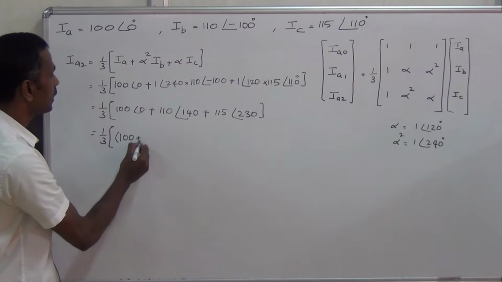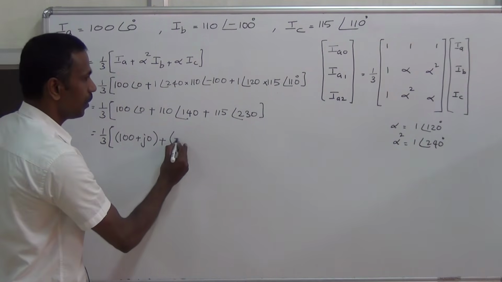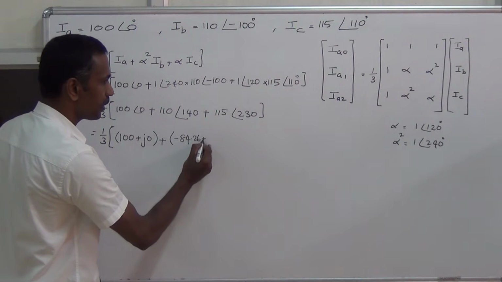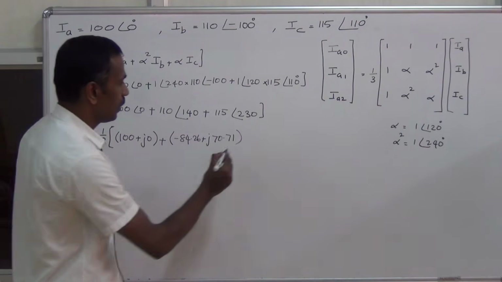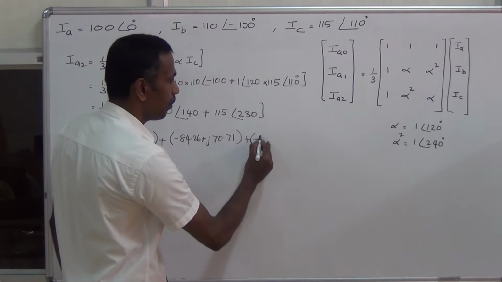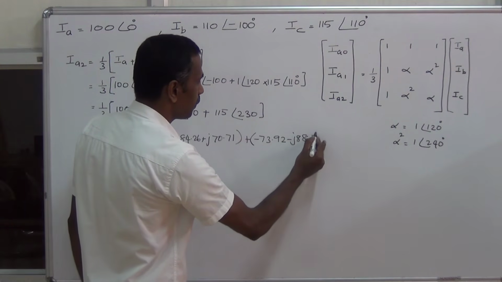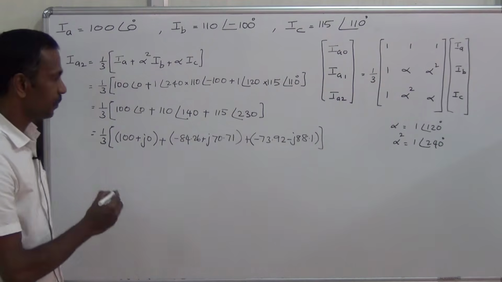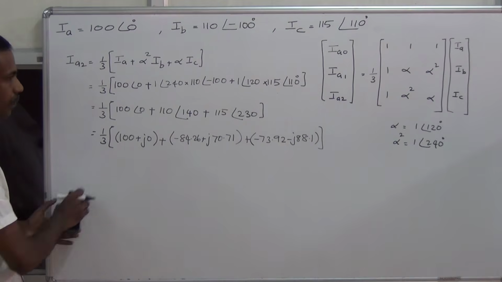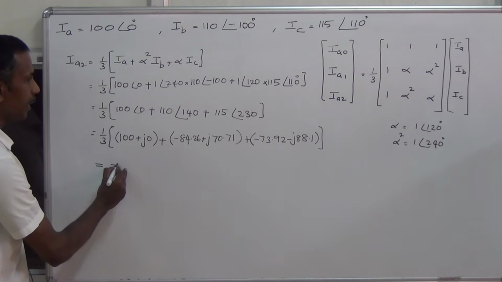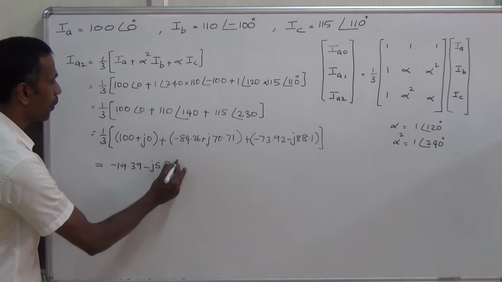This is 100 plus J0, plus the second term minus 84.26 plus J70.71, the third term minus 73.92 minus J88.1, and this is equal to minus 19.39 minus J5.8.